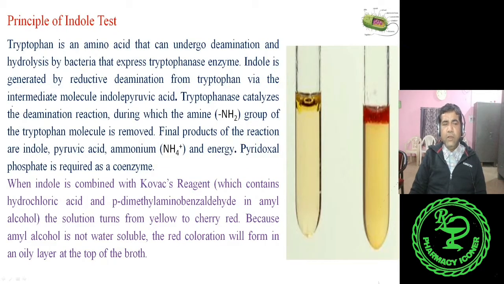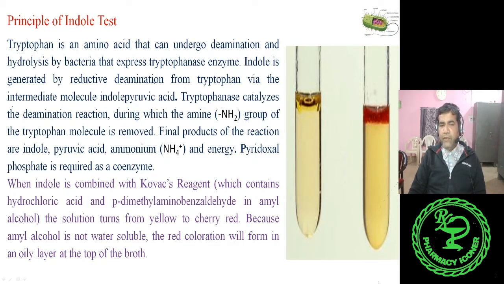Now, as I told you, tryptophan is an amino acid. It can undergo deamination and hydrolysis by bacteria that express the tryptophanase enzyme. That is, they have the ability to produce this tryptophanase enzyme. Now, indole is generated by reductive deamination from tryptophan.